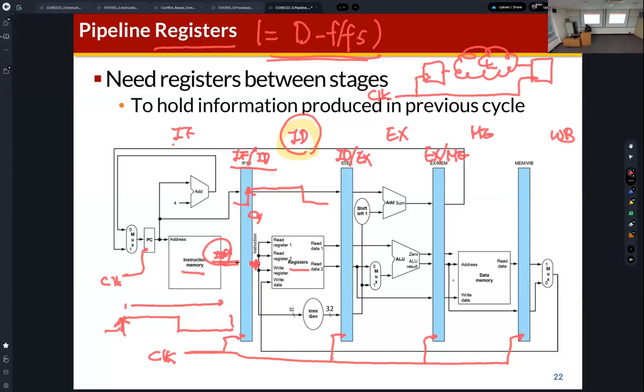So then you can find some results like read data 1, read data 2, and immediate data. And then at the next rising edge of the clock, these results are also sampled by this clock signal, and sampled in the ID/EX pipeline register, right?